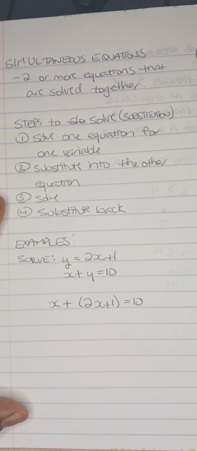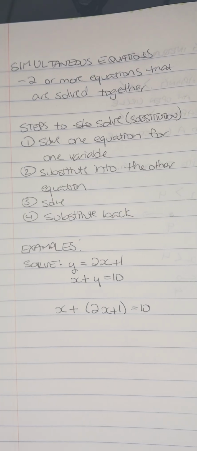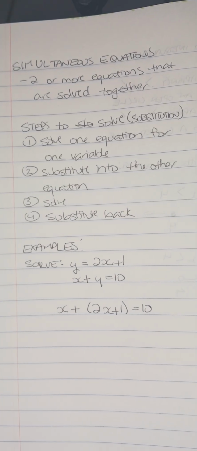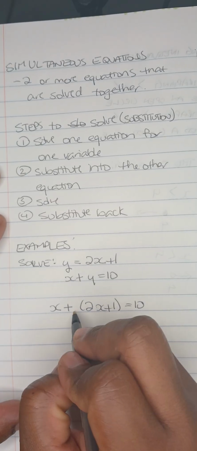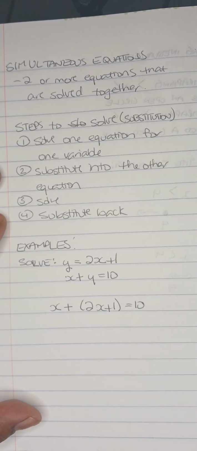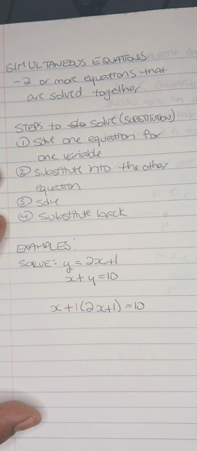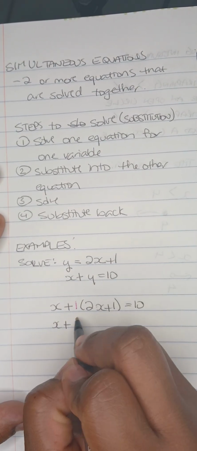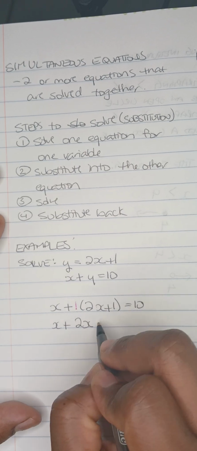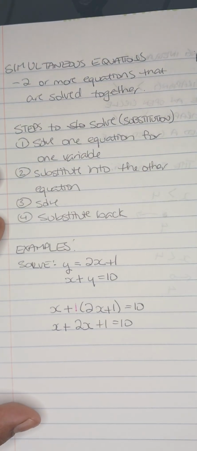Okay, and so we're going to go through and solve this equation like we would any other equation. So that means we're going to do the distributive law. Remember, if there's no number in front of the bracket, the invisible number really is 1. And so x plus 1 times 2x, 1 times 1 is equal to 10.